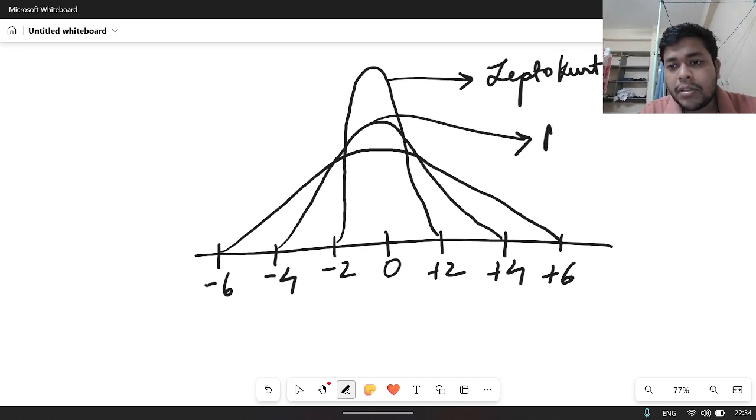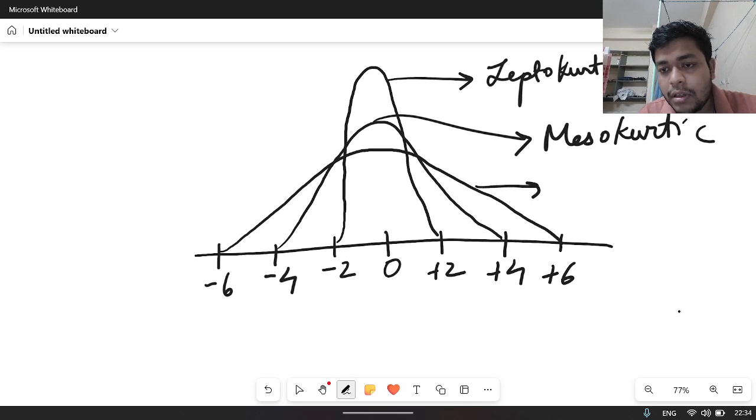This middle one is your mesokurtic, and this last one is your platykurtic.